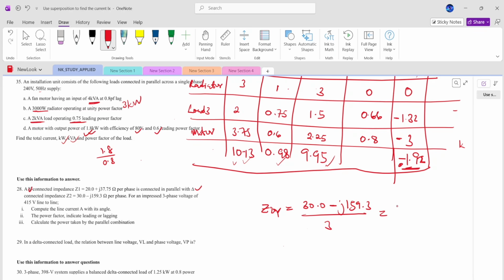This is going to give me 10 minus j53.1.